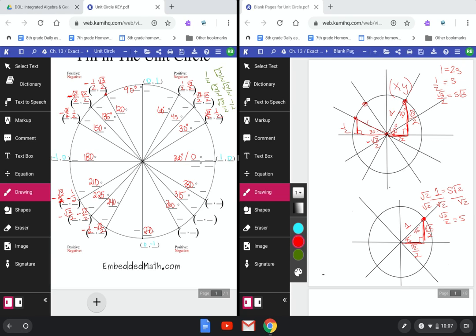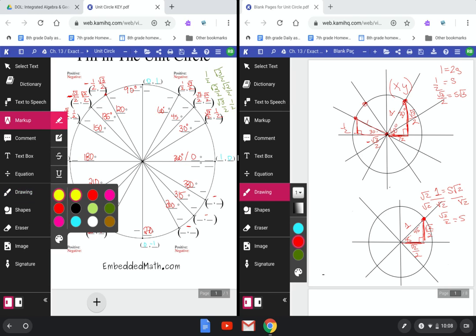Okay, so let's fill in the terminal points for quadrant 4. In quadrant 4, your x values will all be positive, but your y values will all be negative. Same deal. The coordinates there will be the same as those, only on different sides. We'll do green.